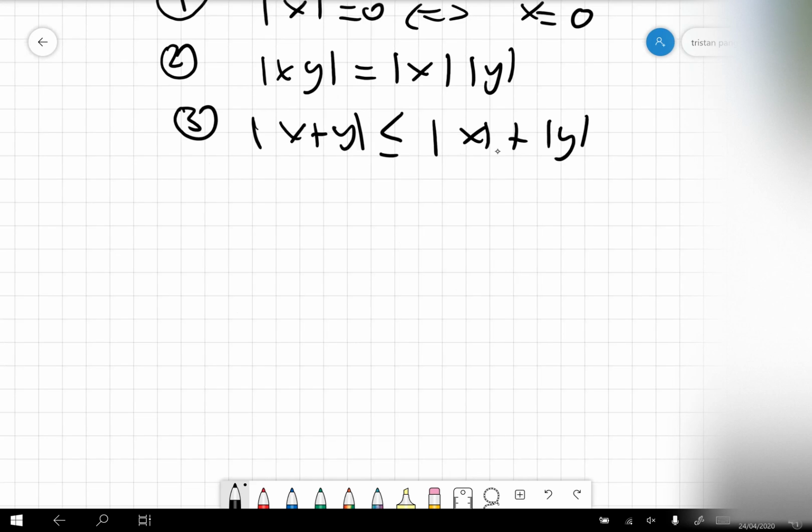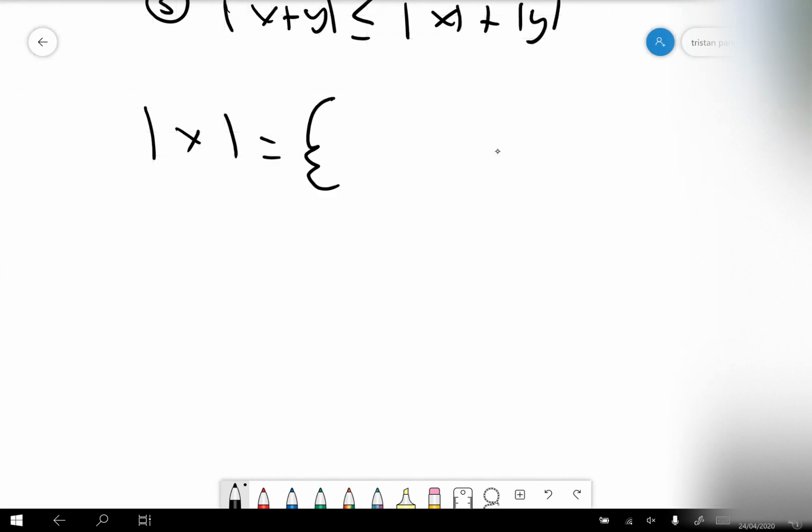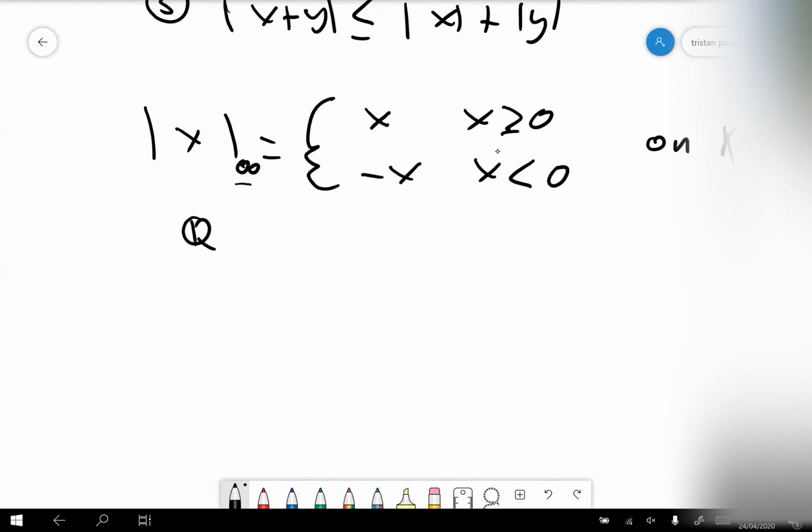So obviously, the normal absolute value on the real numbers, the absolute value of some x, is positive x if x is greater than or equal to 0, and negative x if x is less than 0. This is an absolute value. This is what we'll write as the absolute value with an infinity there, so this is on R. And for the sake of notation, and we'll understand why later, we're going to write the real numbers as Q infinity.